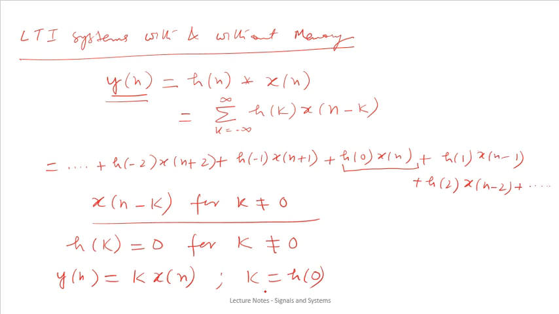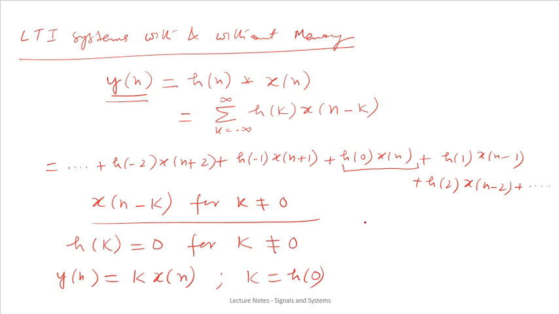Here we see that if a discrete time LTI system has an impulse response h[n] that is not identically 0 for n not equal to 0, then that will mean that the system has memory. We can have a similar expression for continuous time LTI systems as well, without and with memory.